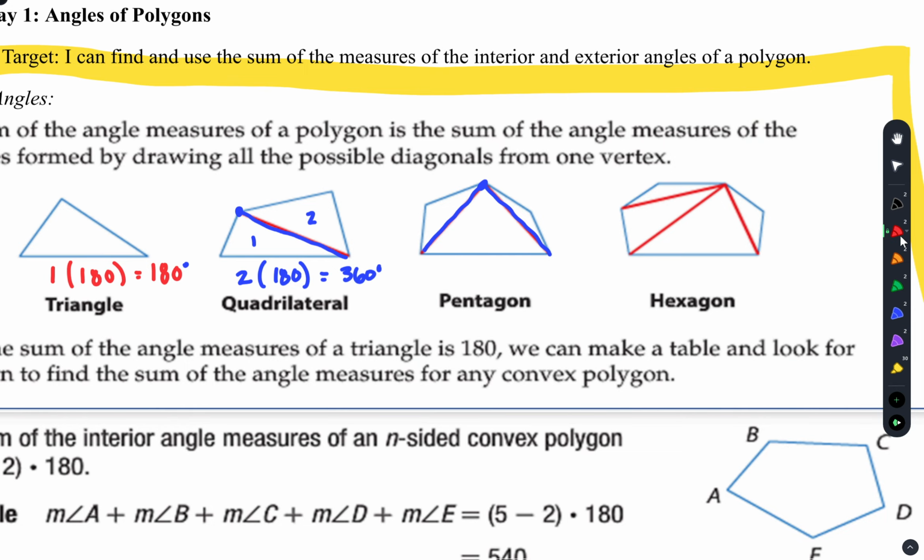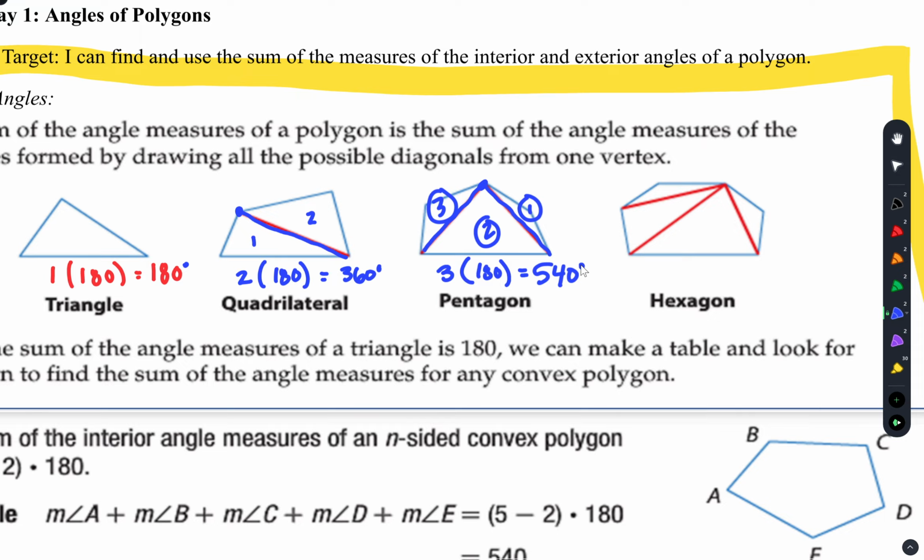Notice what I'm not doing is going in overlapping triangles. Like I wouldn't draw another triangle like that because then my triangles are overlapping. Not what I want to do. But I do split this into 3 triangles. So for a pentagon, I would multiply 3 times 180 to get 540. So the sum of all the measures in a pentagon is 540.